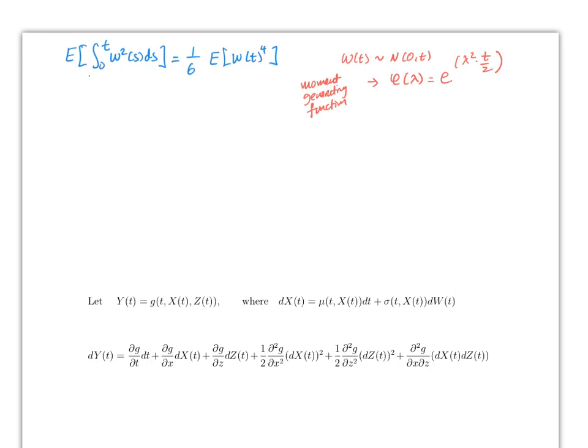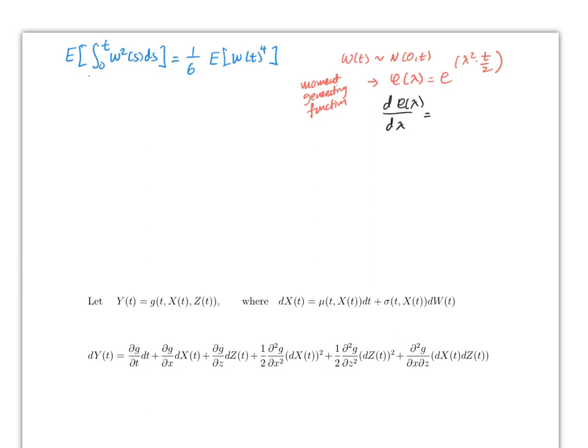Now, to find the moments, in case you forget, you take the derivative of this with respect to lambda. If you want the first moment, you do the first derivative. If you want the second moment, you do the second derivative, and so forth.